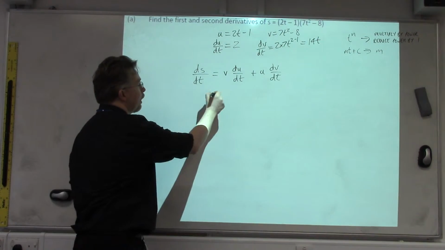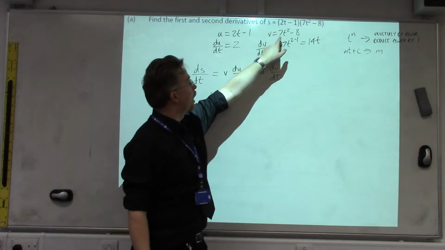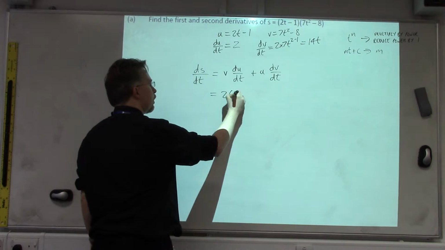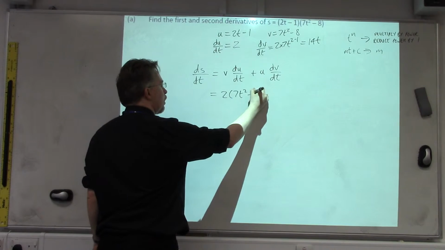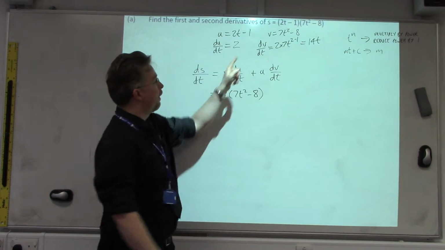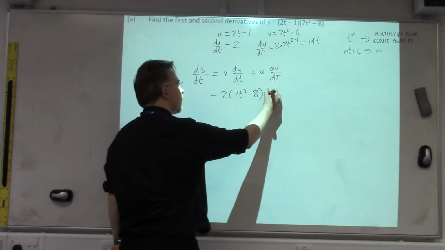So basically from our formula, v times du by dt is 2 times 7t squared minus 8 plus u times dv by dt, we've got 14t times 2t minus 1.